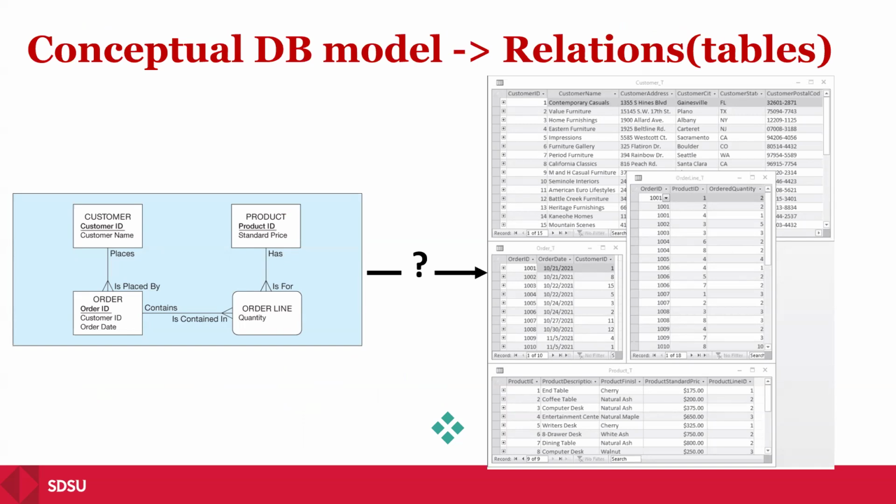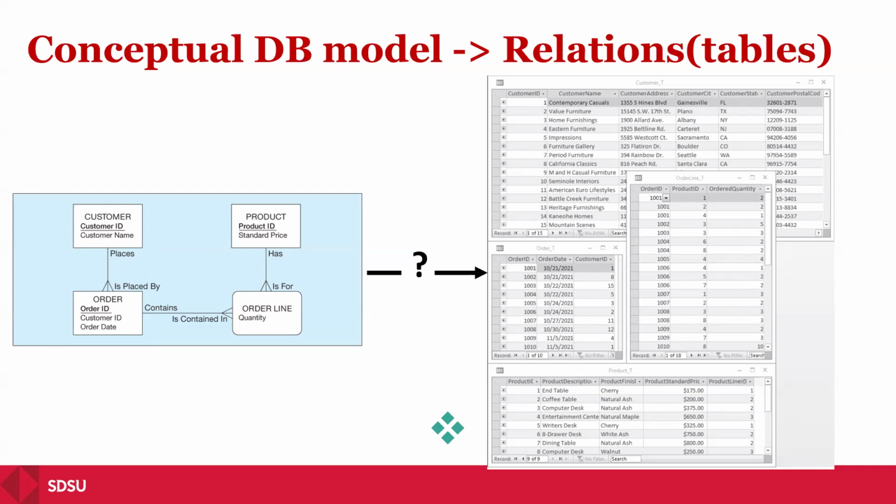And now we are going to talk about how to convert a conceptual data model into relations or tables. So, how do we get from this diagram on the left, which represents an entity relationship diagram, into tables on the right, which is something that we have in the database?